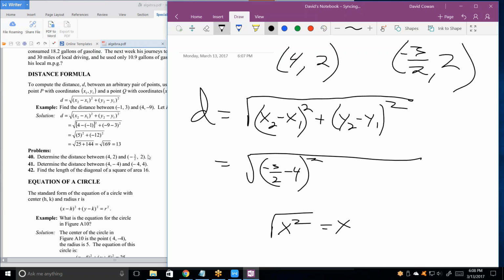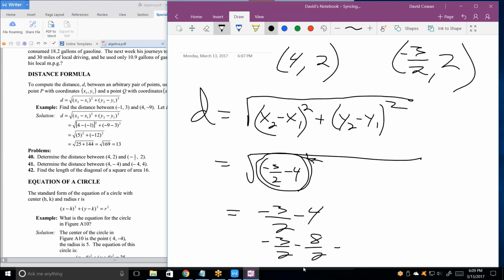So we have this quantity being squared, but we're taking the square root of it, so our answer is going to be that quantity. In other words, it's equal to -3/2 minus 4. Well, that's -3/2 minus 8/2, which is -11/2. There's your answer.